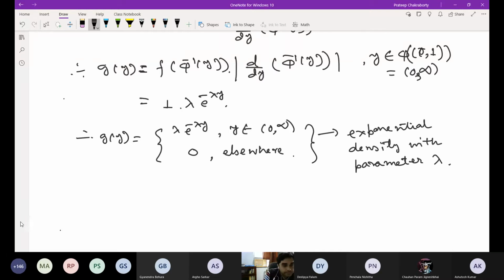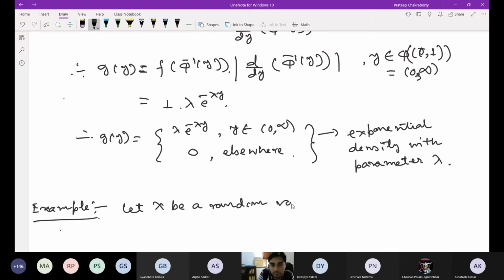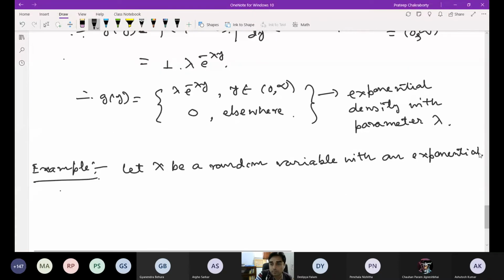Okay, next example we'll see. Another example. Let x be a random variable with an exponential density, so the density function is exponential with parameter lambda.